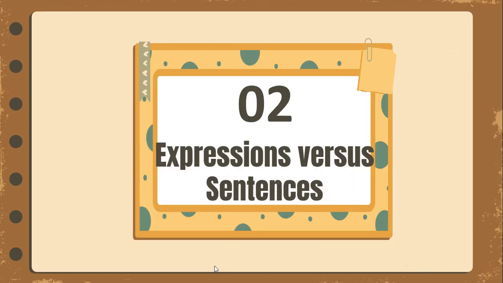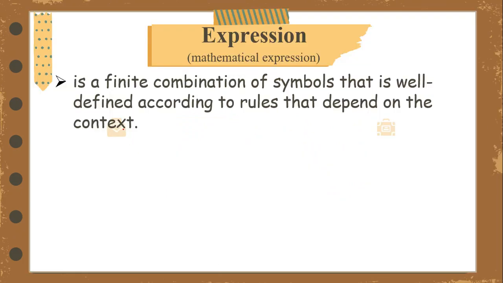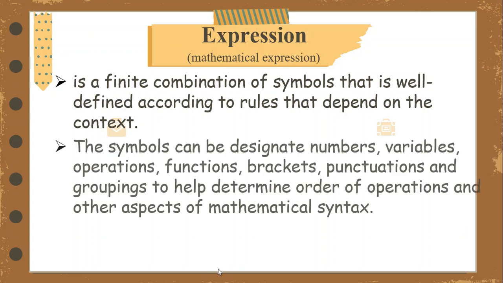So now next, let's learn about expressions versus sentences. A mathematical expression is a finite combination of symbols that is well defined according to the rules that depend on the context. Symbols can designate numbers, variables, operations, functions, brackets, punctuations, and groupings to help determine order of operations and other aspects of mathematical syntax.